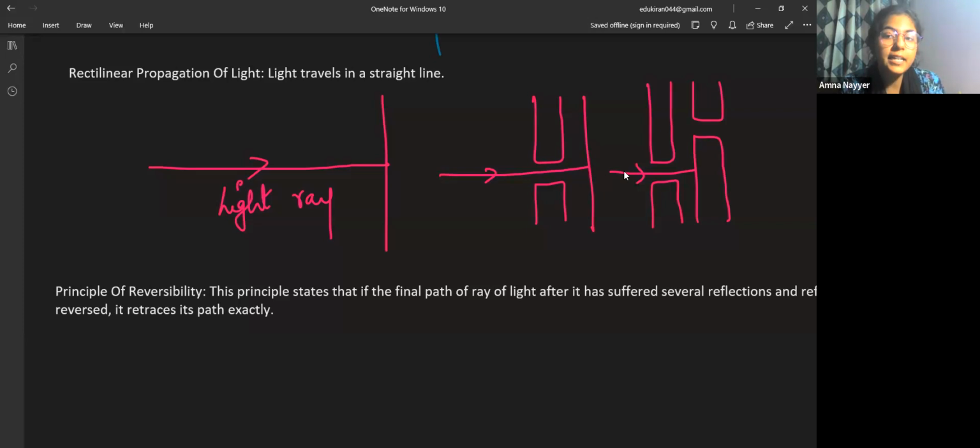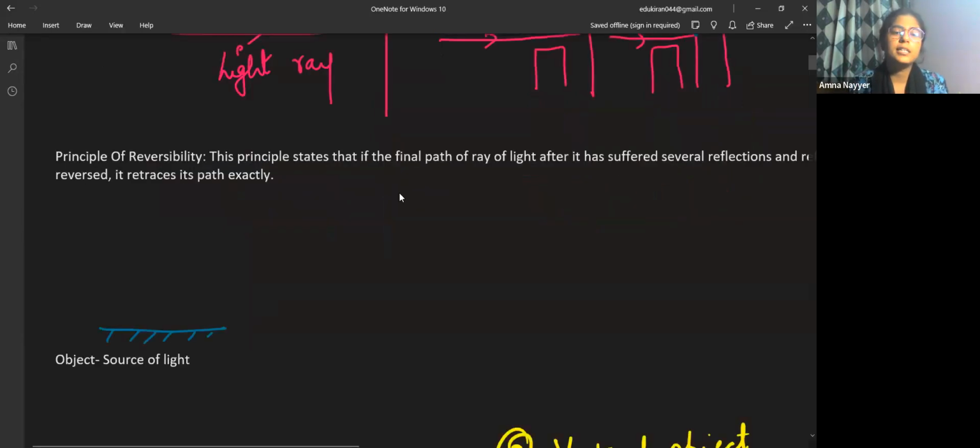So when the light rays come, instead of going like this and then turning and finally reaching the wall, no, they'll just form the image over this point only, because it follows rectilinear propagation of light. That is what is meant by rectilinear propagation of light. Next, I was telling principle of reversibility.